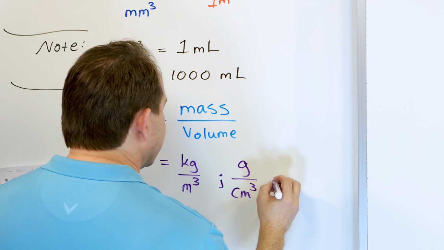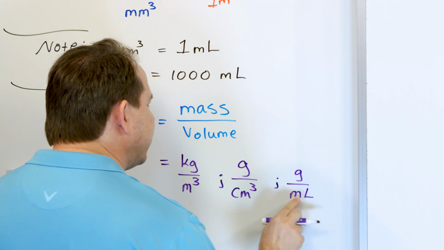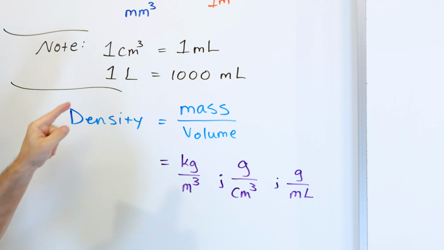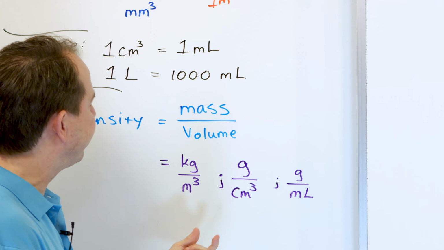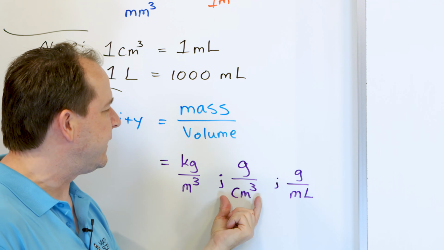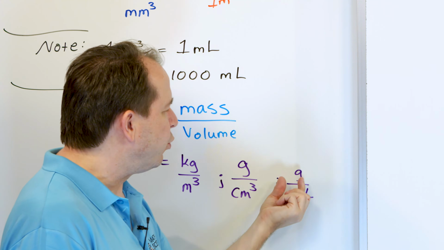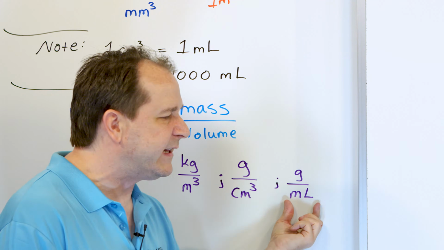And you can also use grams per milliliter. Now, what is the difference between grams per cubic centimeter and grams per milliliter? Remember, we just said that 1 cubic centimeter is exactly the same thing as 1 milliliter. So if you see the density of something represented in grams per cubic centimeter, and you see some other label measured in grams per milliliter, these are the same thing, because a cubic centimeter and a milliliter are the same.